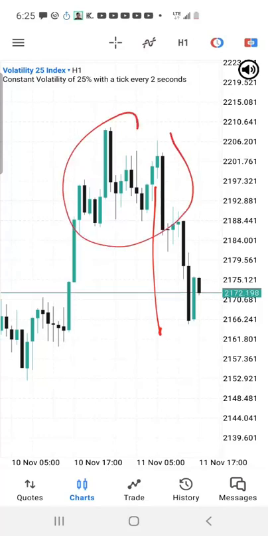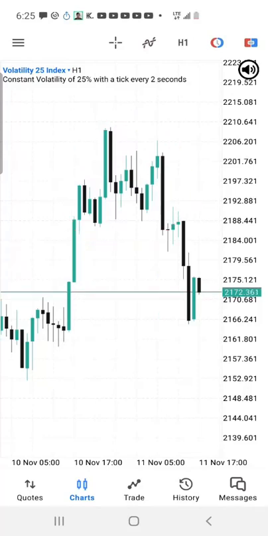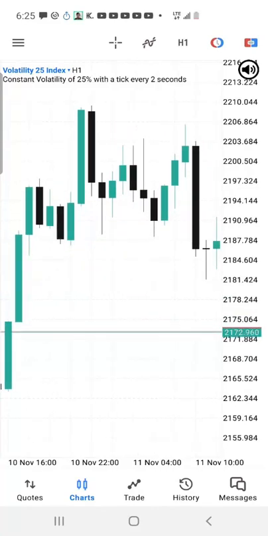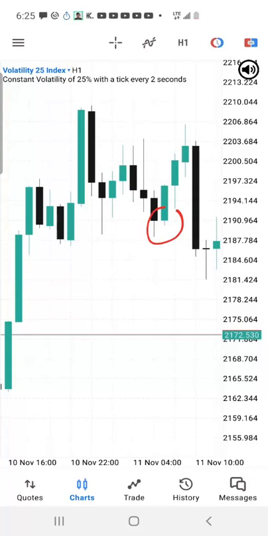Now, how do you trade the head and shoulders pattern? When you spot a head and shoulders pattern, you identify the shoulders and the head, and then you ensure that the bottom of the second shoulder is not lower than the bottom of the first shoulder.